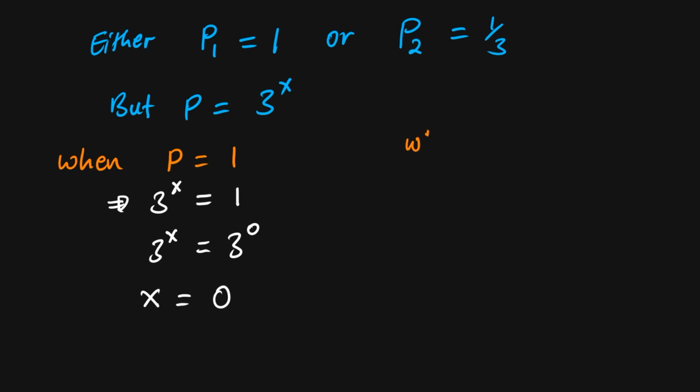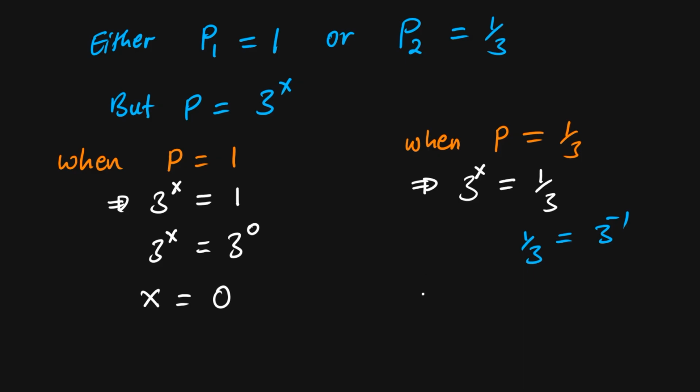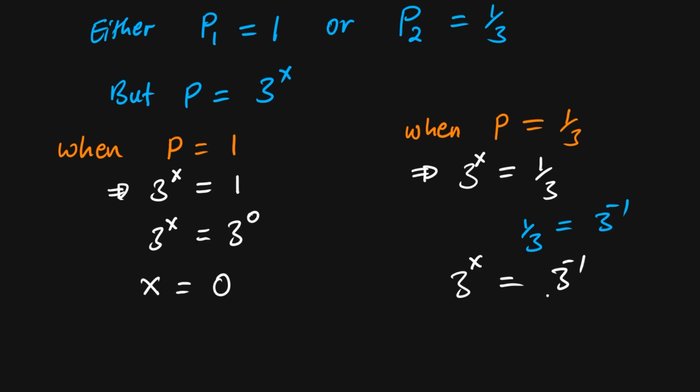Also, when p equals a third, it implies that 3^x equals a third. But from the reverse negative exponent rule, a third equals 3^(-1), which implies that 3^x also equals 3^(-1).